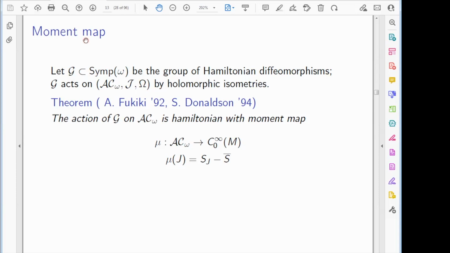And so this will be the Hamiltonian group.